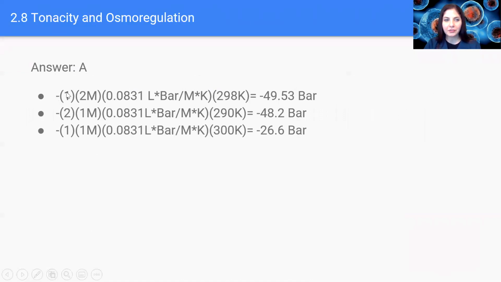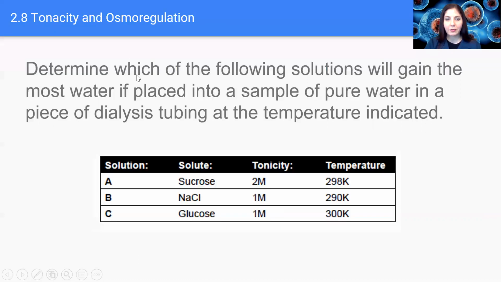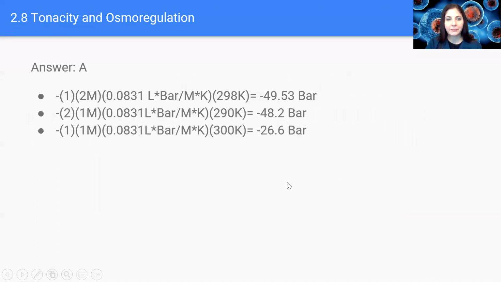For the first one, we have our ionization constant of 1. We have a molar concentration of 2, which is given right here, and it also gives us our temperature. We are always given our pressure constant, which will always be 0.0831, and that will be given in your formula chart.